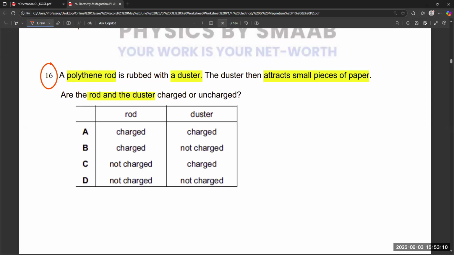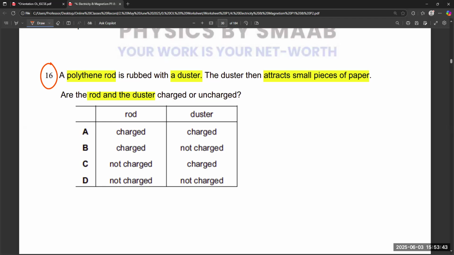So what do you think: both bodies will be charged, or not charged, or only one body charged? Both are charged, because when one body is attracting the pieces of paper, it means the duster got a charge on itself. So definitely the other body will also get a charge, either positive or negative. It depends upon the scenario, right?